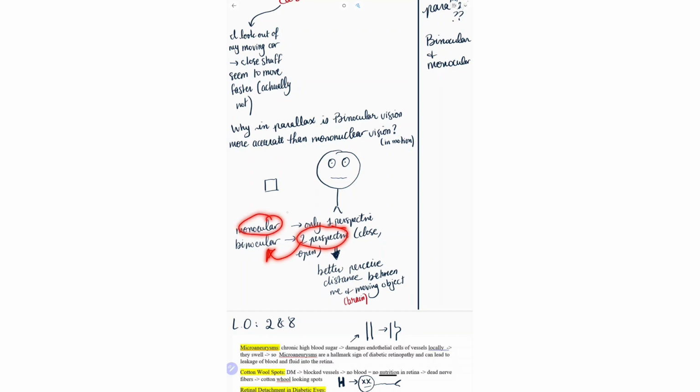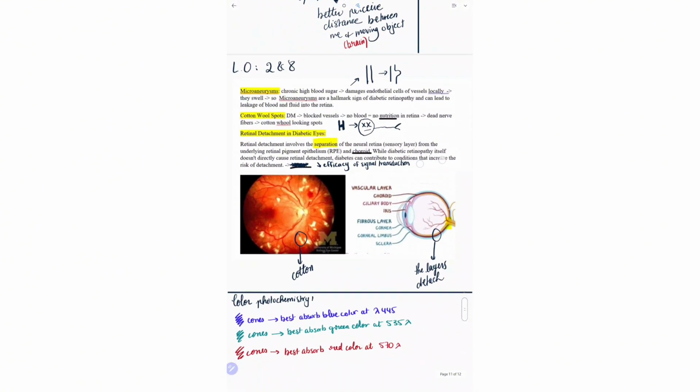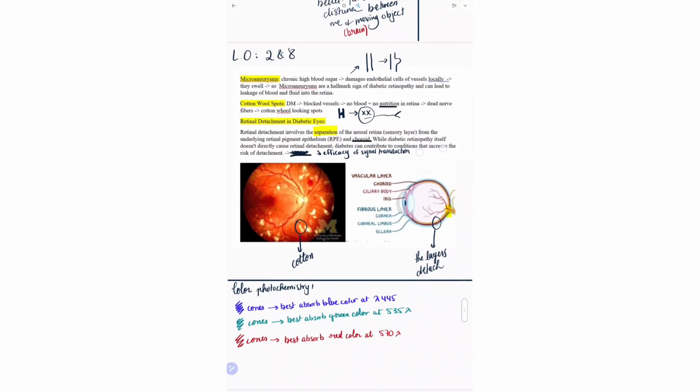But in monocular, you have only one perspective. So it's always better to have both perspectives, right? Because actually, when you have two perspectives, this helps your brain better perceive the distance between you and the moving object. Okay?